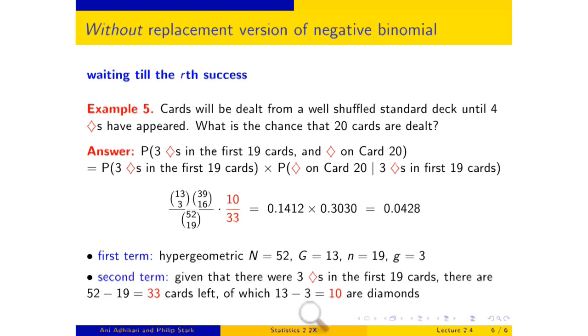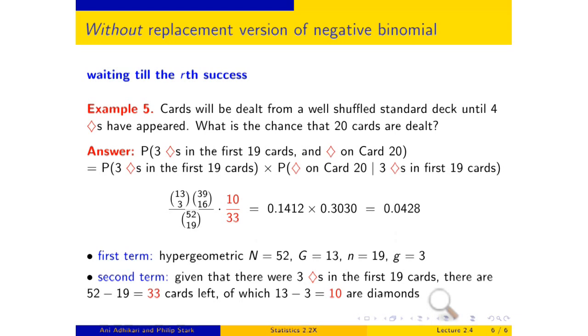You know that 3 of them were diamonds. So you have 33 cards left in your deck, of which 10 are diamonds because you used up 3 out of the original 13. And so the chance that you now get a diamond is 10 divided by 33. And that's your 0.3030. And if you multiply these two out, you get about 4 and a bit %.